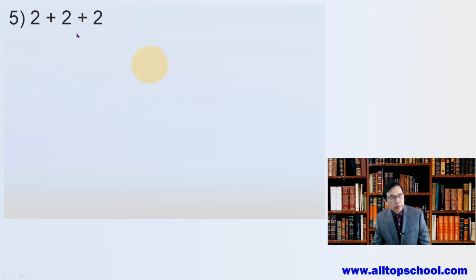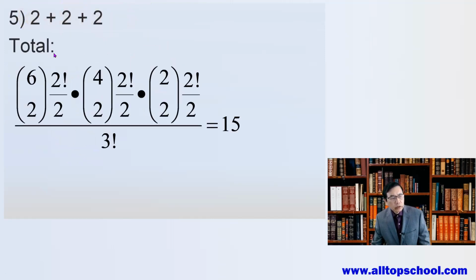The next one is 3 cycles of 2. For the total, we do it similarly. 6 choose 2 for the 2 elements. The arrangement is 2 factorial divided by 2. For the remaining 4 elements, you choose 2 for the second cycle, and the arrangement is also 2 factorial over 2.